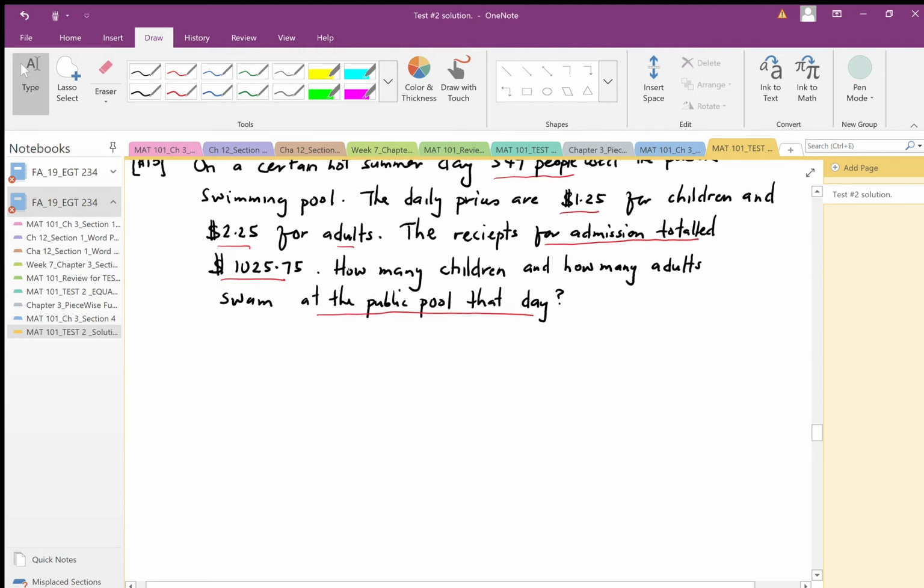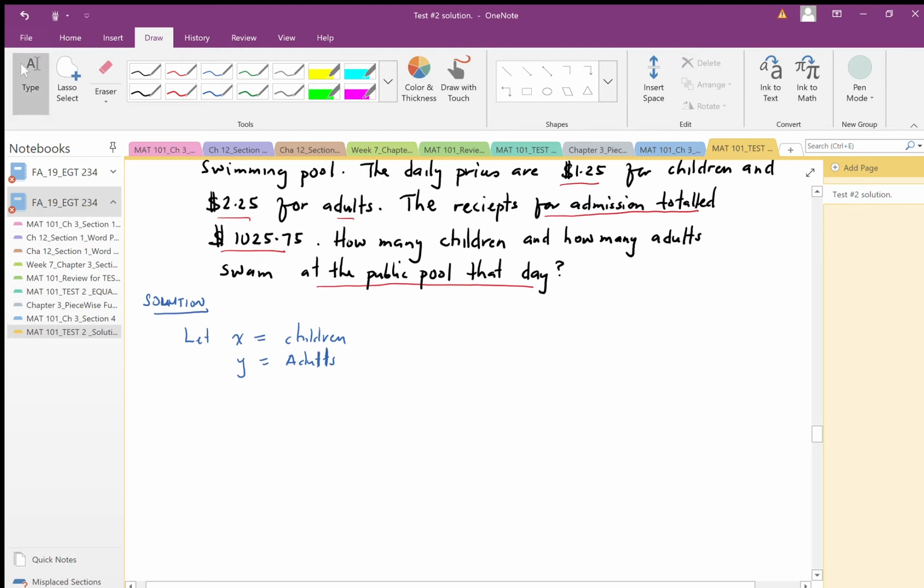Okay, so for our solution, you want to say let x equal the number of children, and let y equal the number of adults.